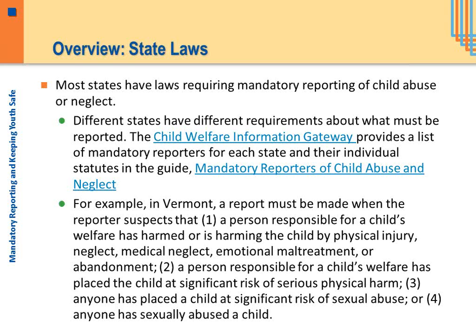So Vermont, for instance: a report has to be made when the reporter suspects that 1, a person responsible for a child's welfare has harmed or is harming the child by physical injury, neglect, medical neglect, so not taking them to doctors if they're ill, emotional maltreatment, or abandonment; 2, a person responsible for a child's welfare has placed the child at significant risk of serious physical harm; or 3, anyone has placed a child at significant risk of child abuse; and finally, anyone has sexually abused a child.